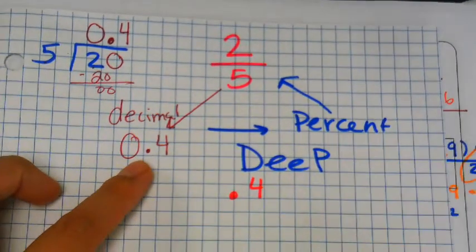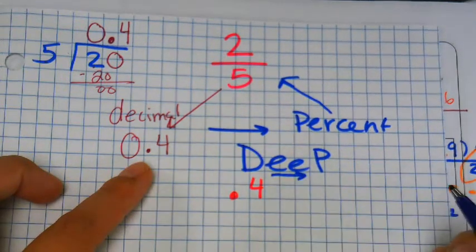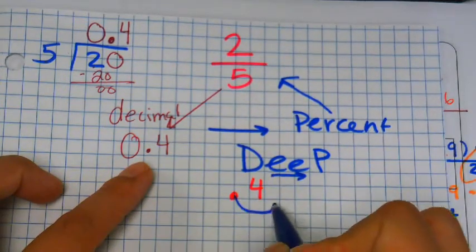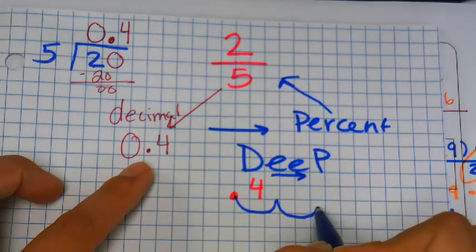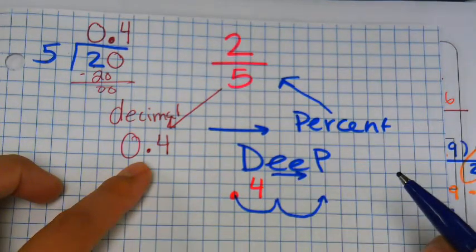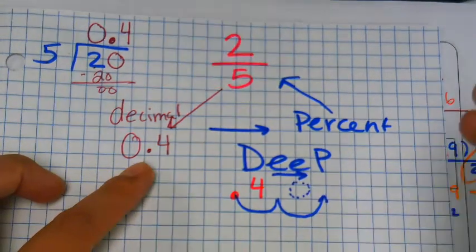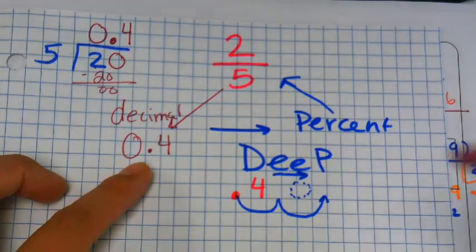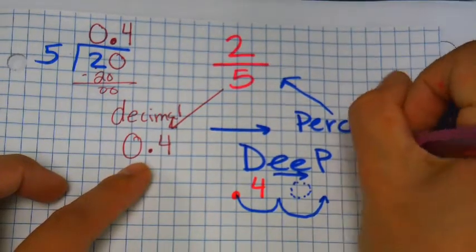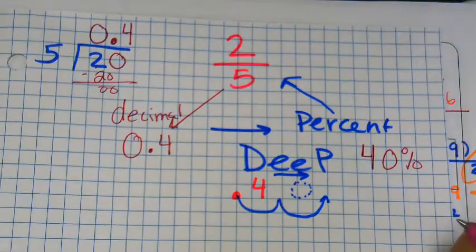How many times do I move my decimal? 2 times to the right. 1 and 2. Oh no, I have an empty space here. What do I fill it in with? A 0. And that's how our answer is actually 40%, not 4%. Okay?